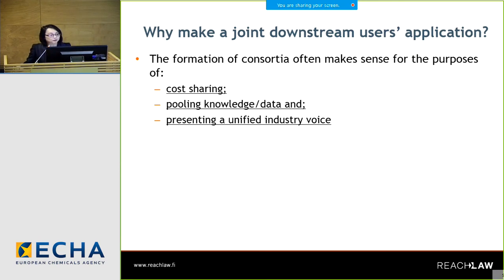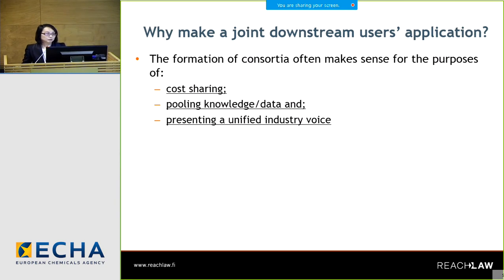There is also an important aspect of pooling knowledge as well as data, because as a consultant, for the analysis of alternatives you need to be specific, scientific, technical. Sometimes you get a pool of knowledge from different companies. If it were only a single company, the information that we could collect would be much less.